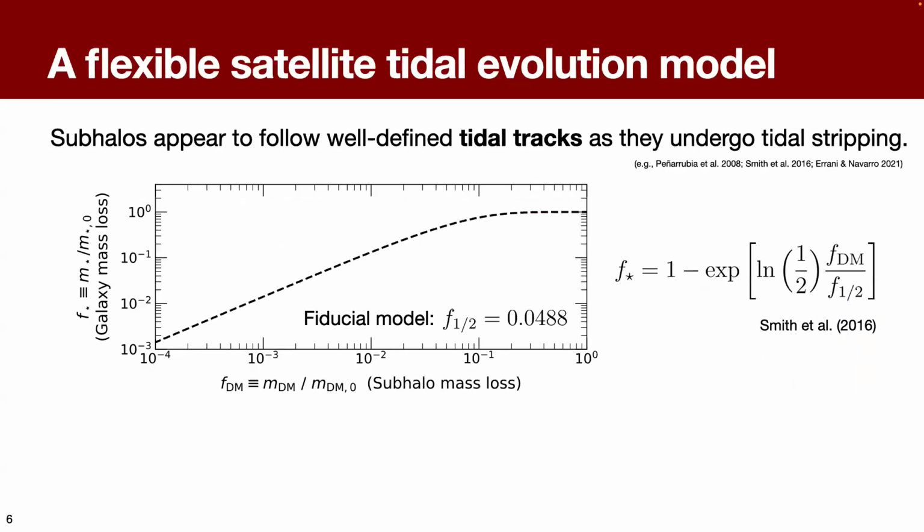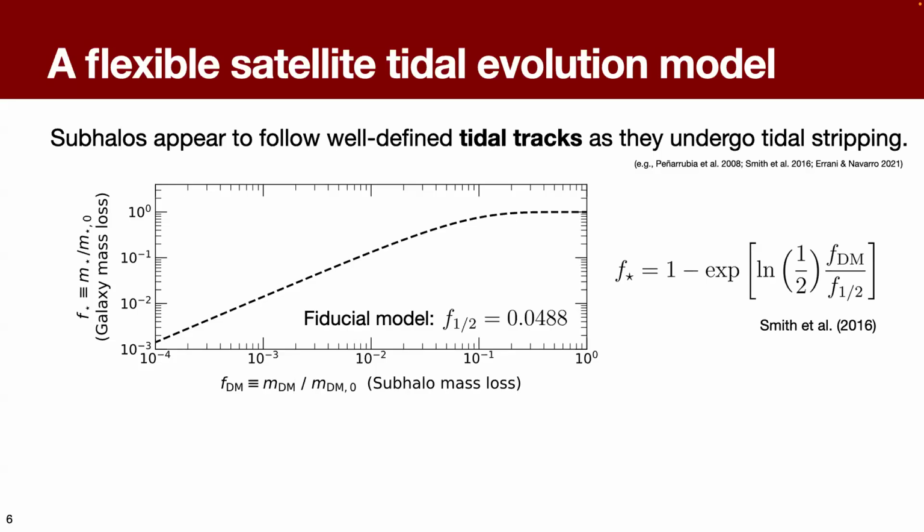And then the second thing we do is implement this flexible tidal evolution model for our satellite galaxies. There's been a lot of work showing that the evolution of a subhalo's physical properties as it's undergoing tidal stripping really only depends on the total amount of subhalo mass that's been lost, and they follow these well-defined tidal tracks.